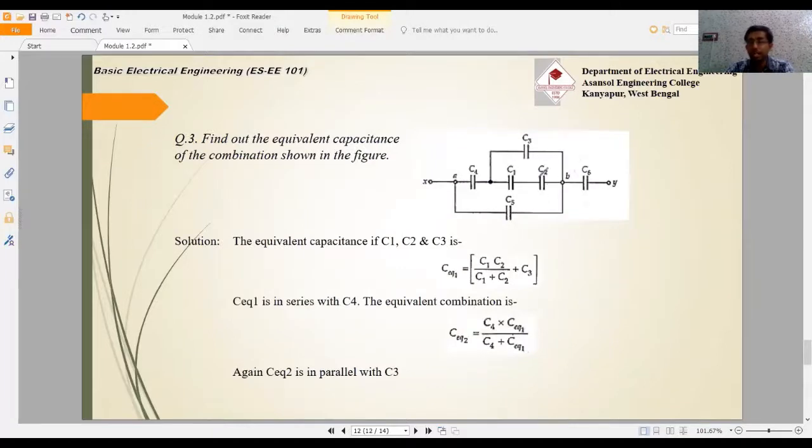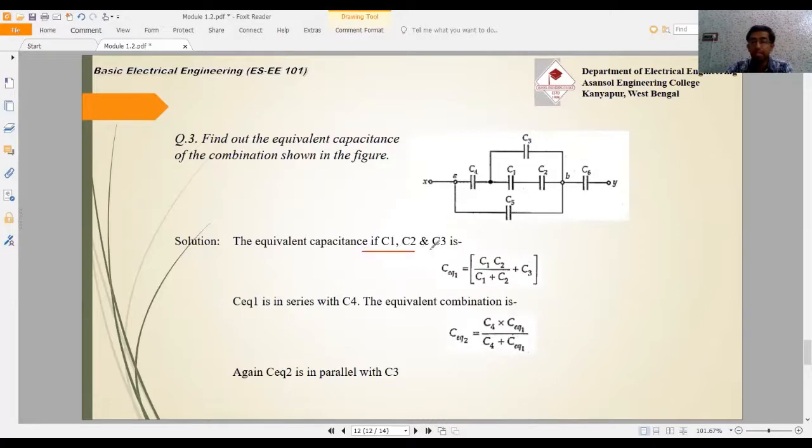This is one complex type of problem. Here this C1 and C2 are in series connection. Now this connection is in parallel with C3.